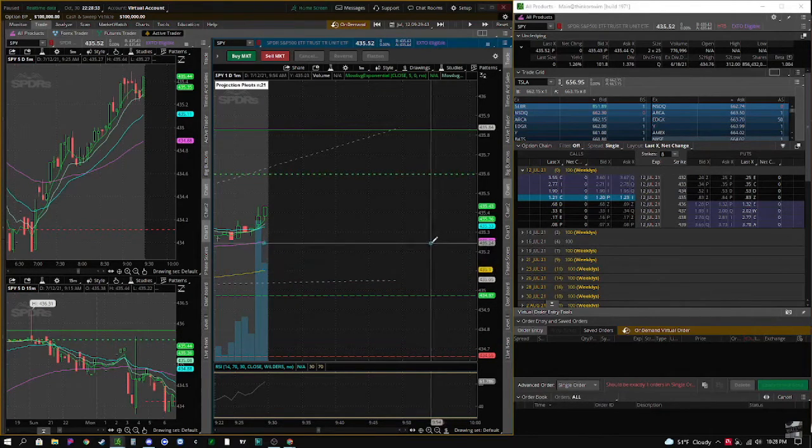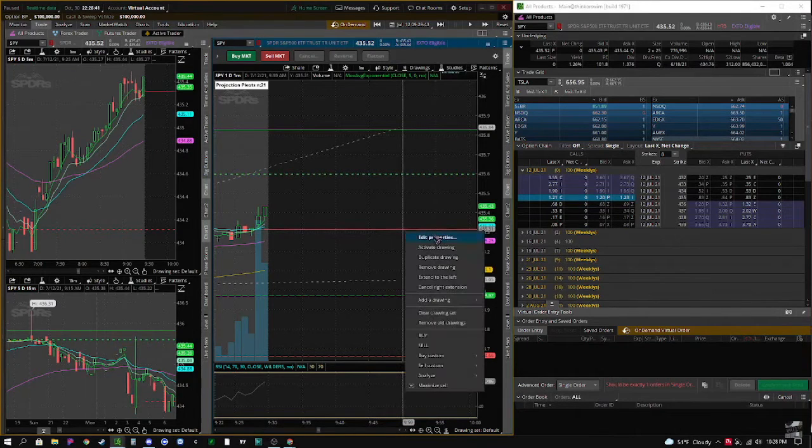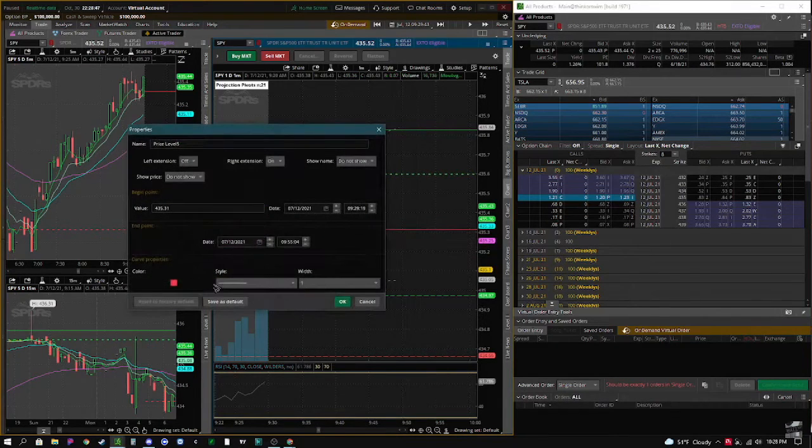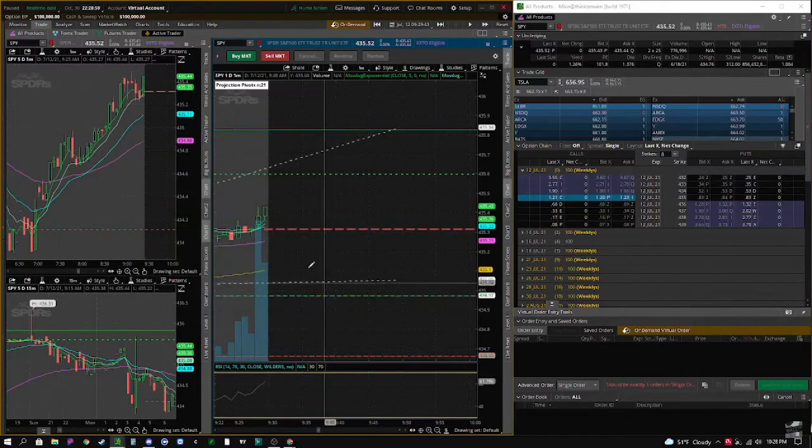We'll put it where pre-market is ending, and then we'll make that one the low. We'll edit it. We'll give that some medium size, the style, dashes there, and we'll give it a good 3 for thickness, and we'll set that.